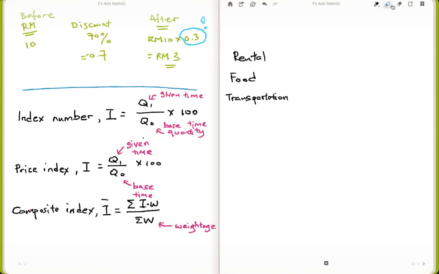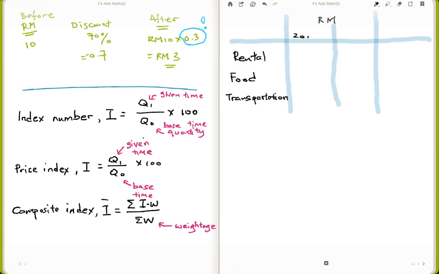In this table, they will have few columns for the year, and then the price, 2005 and 2006.